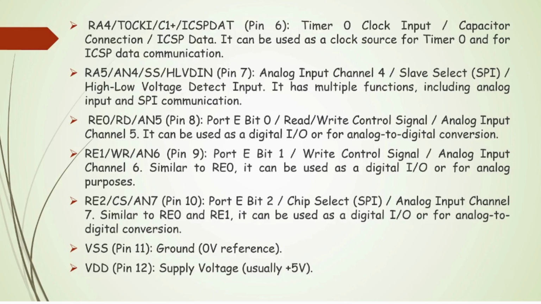It is SPI, with multiple functions including analog input. Pin 8 and pin 9 have port E0 and port E1, where pin 8 is used to read control signals as analog input, and here it is used to read a control system analog input on channel 6.